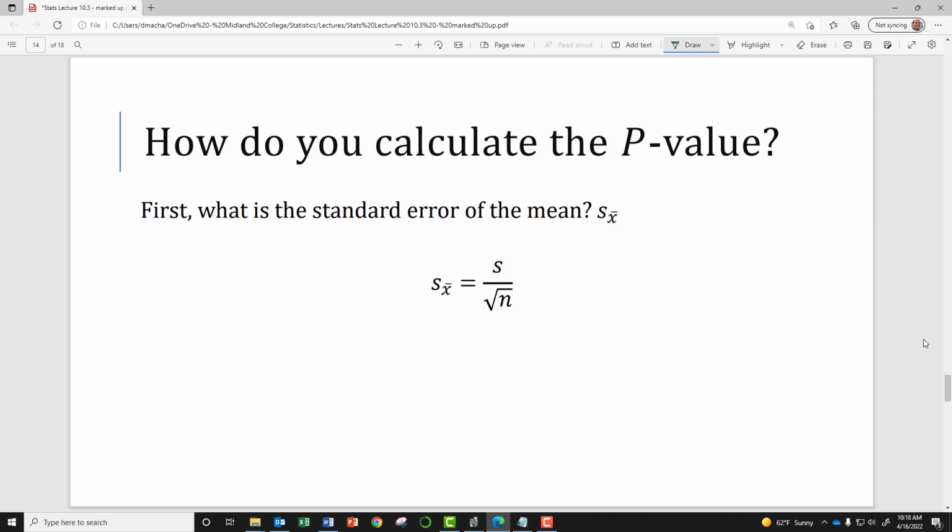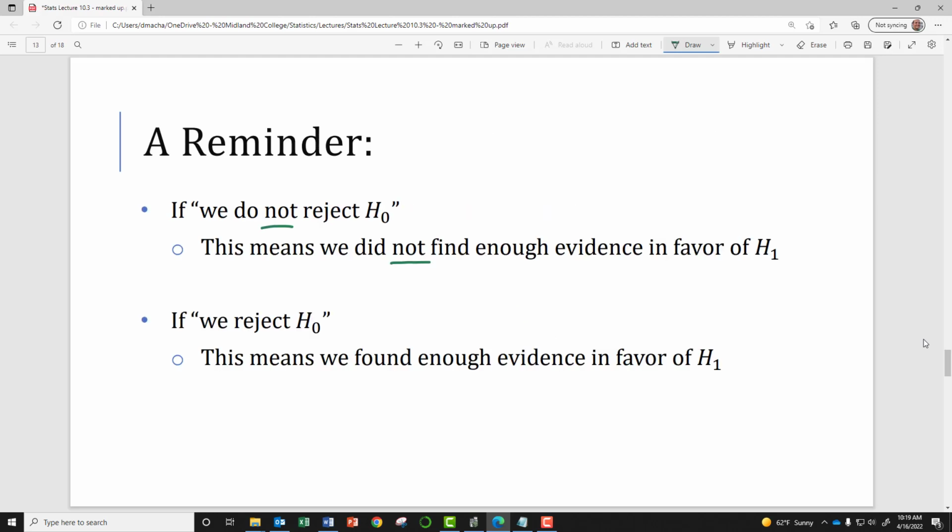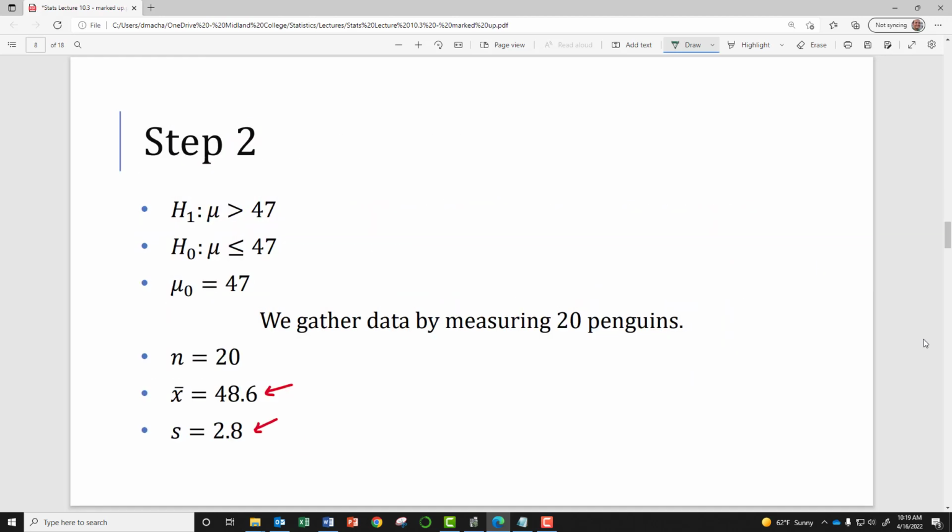Now, in our example, I gave you a value for S, and I told you that our sample size was, I think, 20. Let's go back to our example. Yeah, S was 2.8, X bar was 48.6, N was 20.